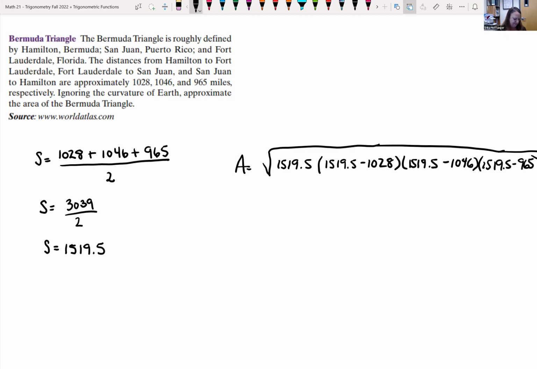Minus 965, close that. So taking the square root of those products, we get that the area is approximate the area, and it didn't say to what. And those are all whole numbers, so I'm gonna say this is approximately 44,282 square miles.